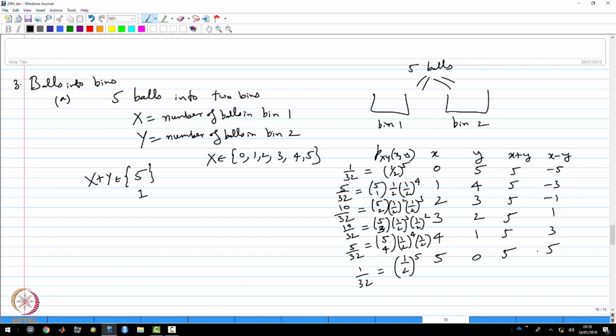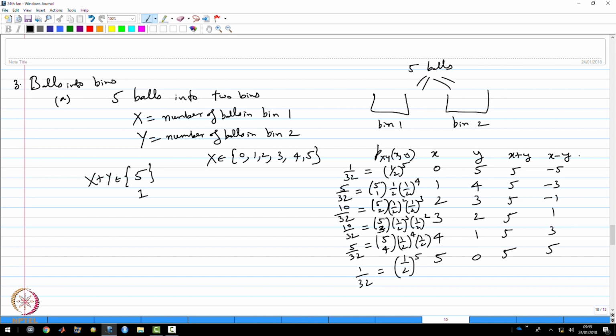They're all different. So the probability that X minus Y is minus 5 is simply 1 by 32. The probability that X minus Y is minus 3 is simply 5 by 32. There is no real operation to do. Two values don't repeat. All values are distinct. So X minus Y and X are more or less the same. The probabilities with which they take values are the same, except that the values are different. That's all.